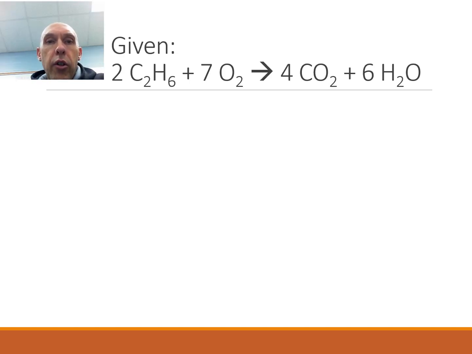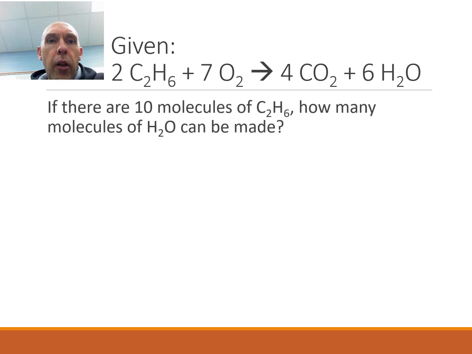We're given the reaction of a chemical called ethane and oxygen making carbon dioxide and water. This is a complete combustion reaction. If I've got 10 molecules of that C2H6, how many molecules of water can be made? So molecules of water, we start off with the given information.